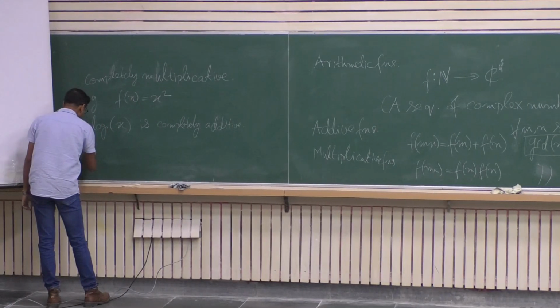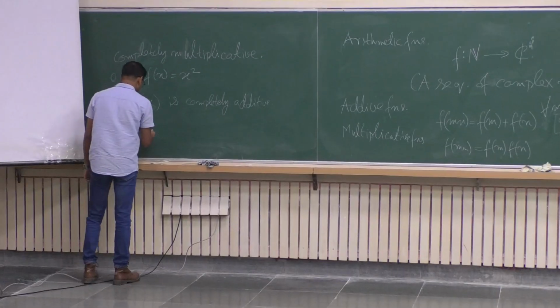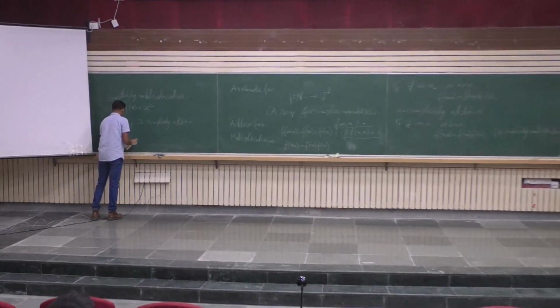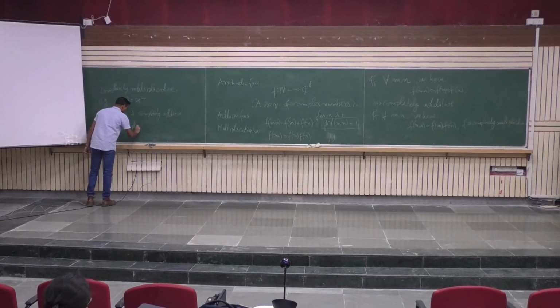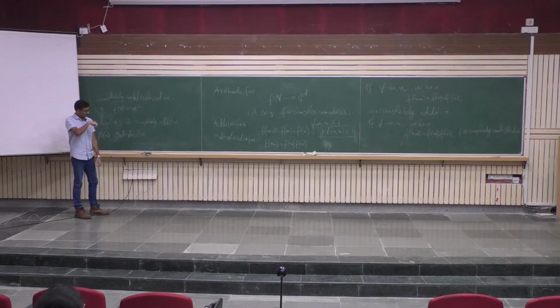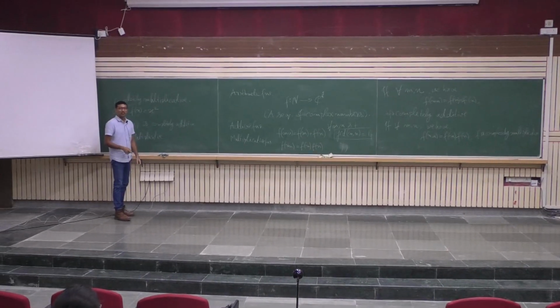Right. So Euler totient function is multiplicative, but not completely multiplicative, as we just mentioned.